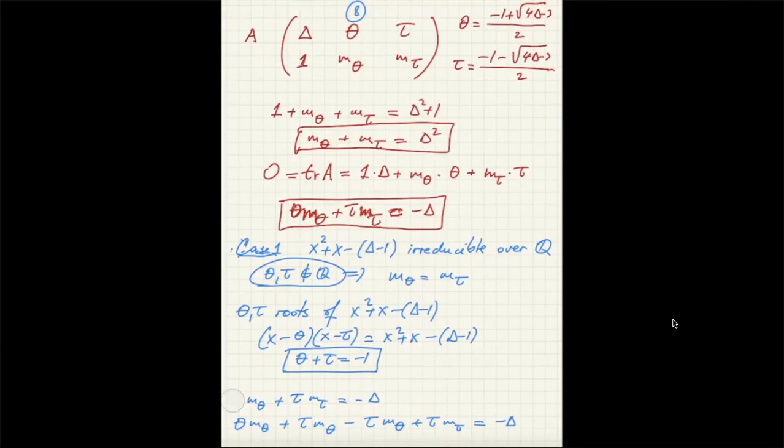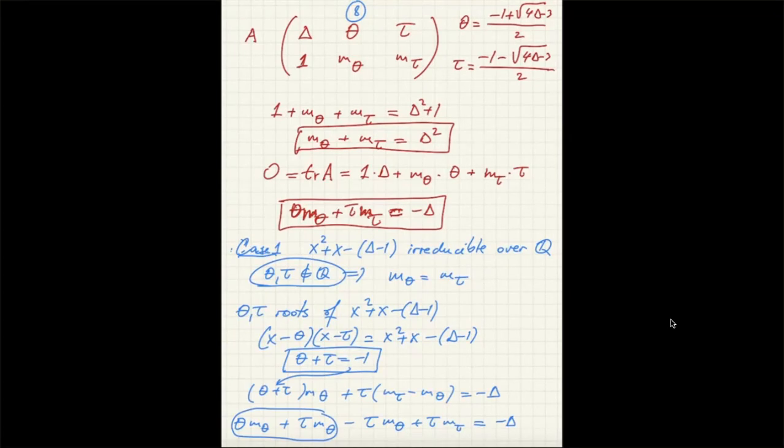Now, let me erase here. The first two terms here become m theta times tau plus theta, which I know is minus 1. And these other two terms become plus tau times m tau minus m theta equals minus delta.